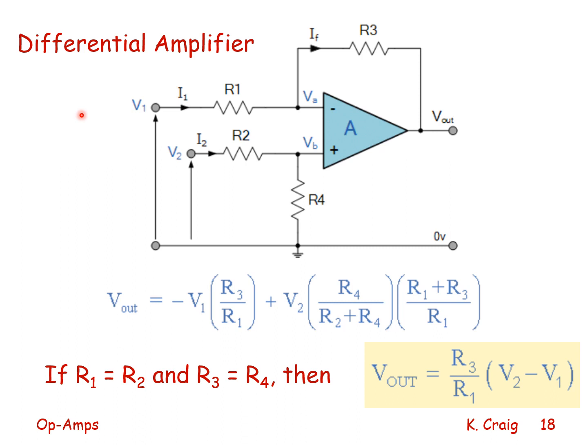This is an ideal differential amplifier. V1 is connected through resistor R1 to the inverting input. V out is connected through the resistor R3 to the inverting input.